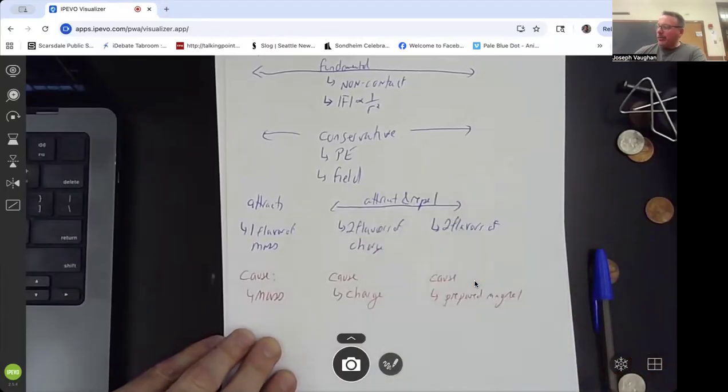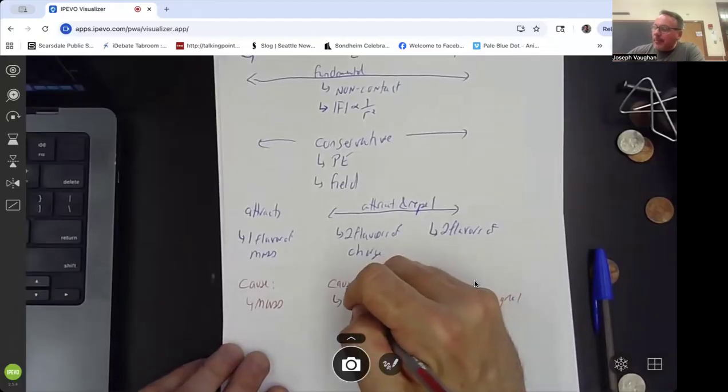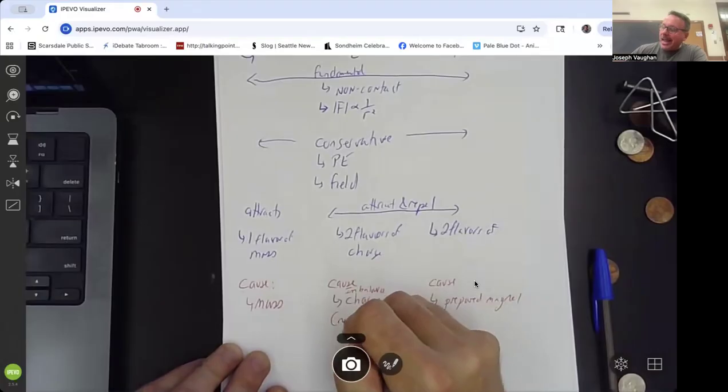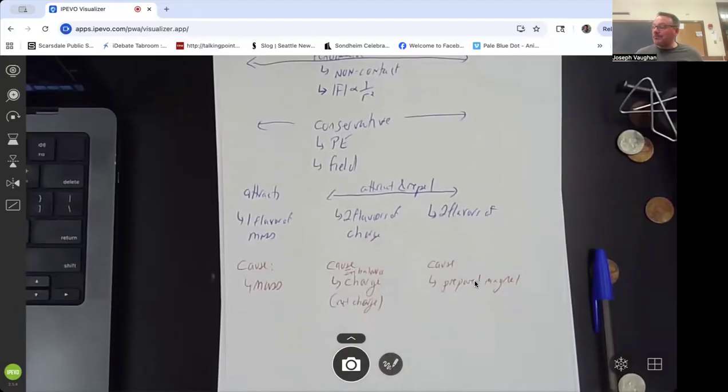We should probably say the cause of charge is prepared objects as well, because we know that charge is not a permanent state, that objects don't, quote unquote, want to be charged. They're always trying to seek neutrality. And so you have to prepare an object to cause an imbalance of charge. So I'm actually going to put that in, an imbalance of charge, right? I need a net charge on an object in order for it to display the electric effect.